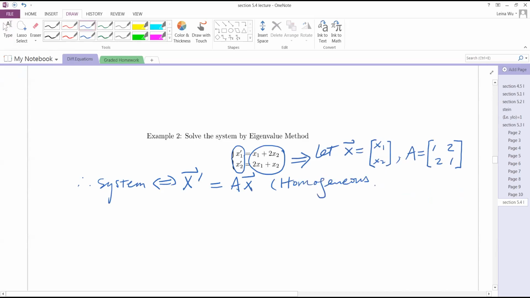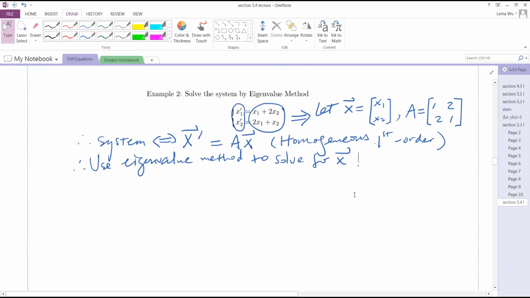Homogeneous, and it's first order, right? A first order system of differential equations. So we can use the eigenvalue method to solve for x. Let's see how we do that.